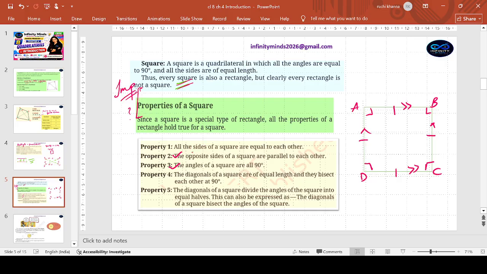But what about the first property? Were all sides equal in a rectangle? No, only opposite sides were equal.